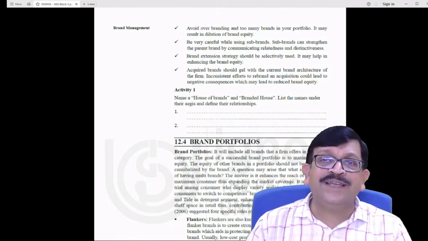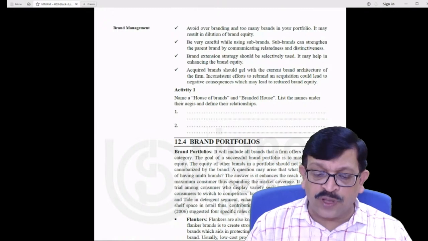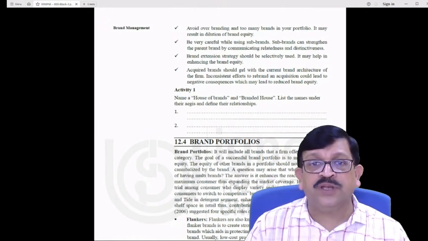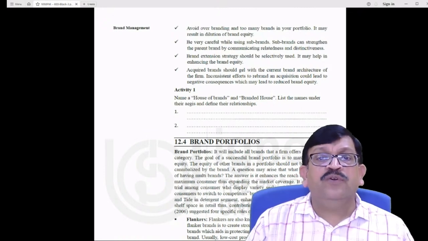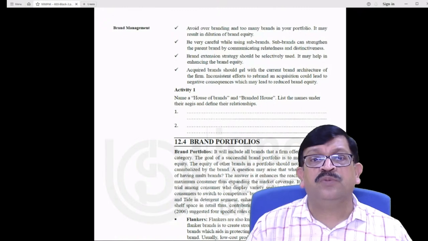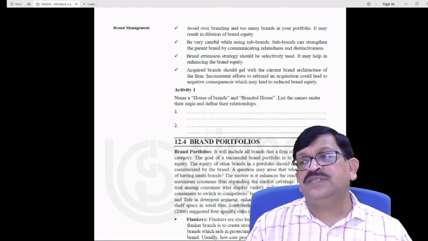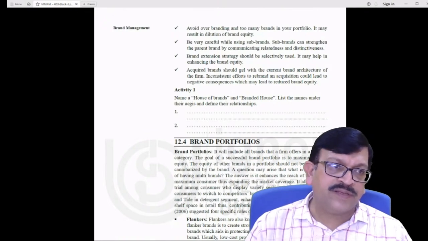So one has to understand that over-branding, or too many brands in the portfolio, can become very cumbersome to handle going forward. We also need to be very careful about the sub-branding strategy, because sub-brands basically strengthen the parent brand by communicating relatedness and distinctiveness.